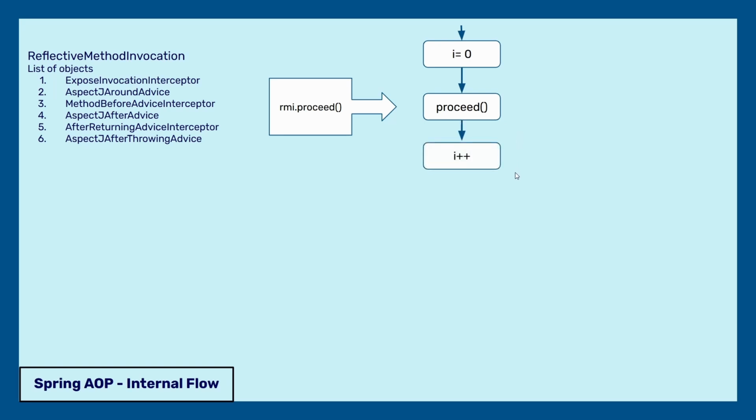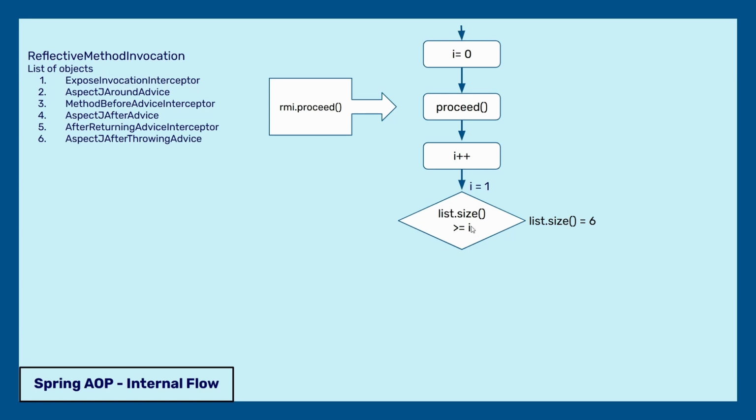Within this proceed method, the index is incremented. Now the value is 1. It checks if the size of the list is greater than or equal to the index. Here we are considering the indexing from 1 and not from 0 as we do in Java. So the first index is this ExposeInvocationInterceptor object.